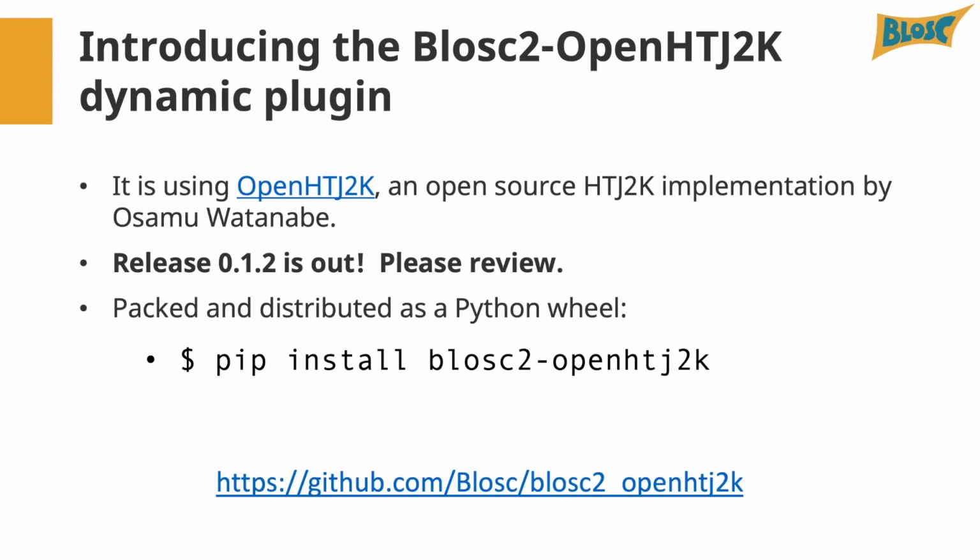So we already released version 0.1.2, so you can have a review, and you are encouraged to do so in case you are interested in this work, and it is packed and distributed already as a Python wheel, as I was describing. So you just have to do pip install blosc2-openhtj2k, and then you are done. If you click here, you will see instructions, and there is a small tutorial on how to use it.